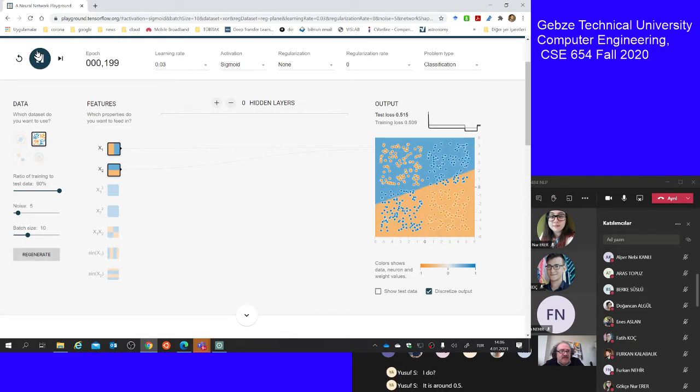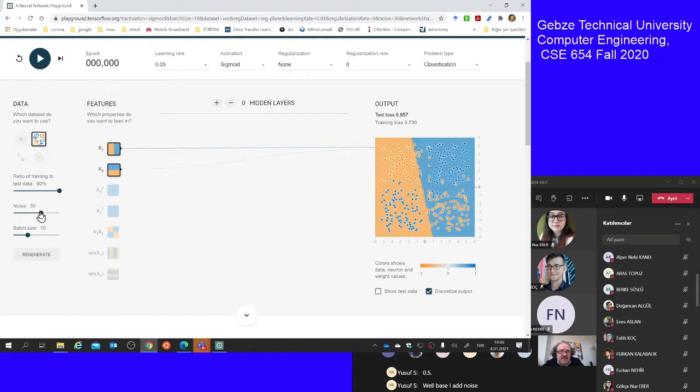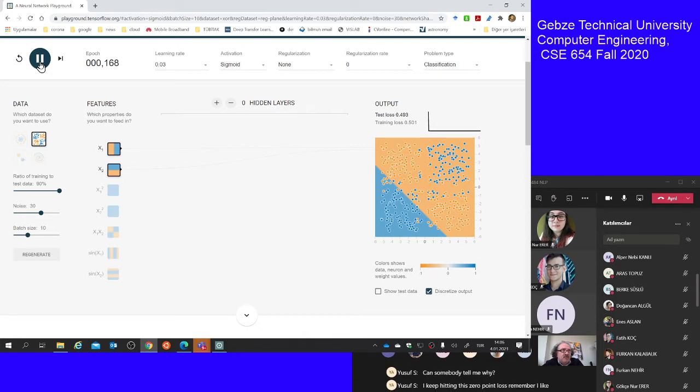I regenerate, add noise, maybe more noise, and run it: 0.5. Can somebody tell me why I keep hitting this 0.5 loss? Remember, I like my loss to be 0, but it is always 0.5.